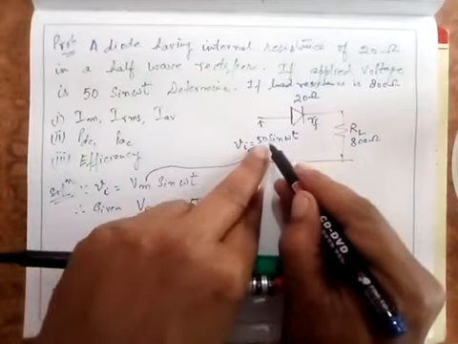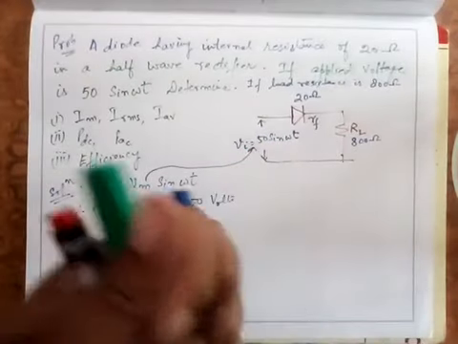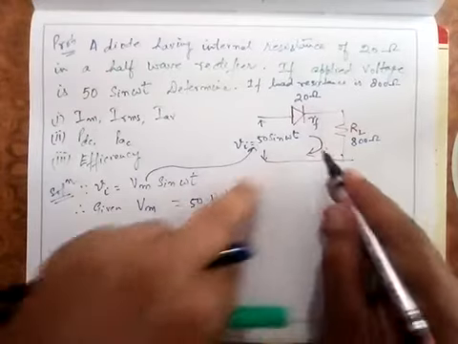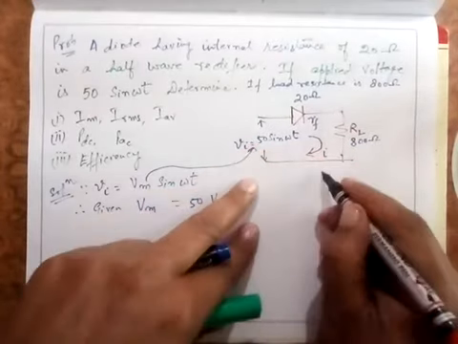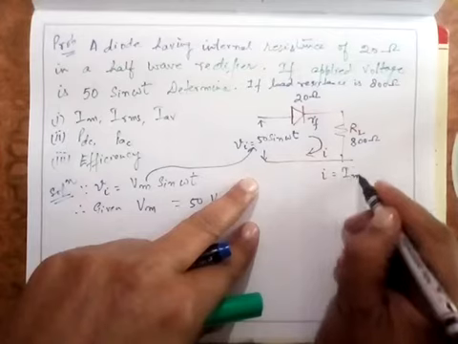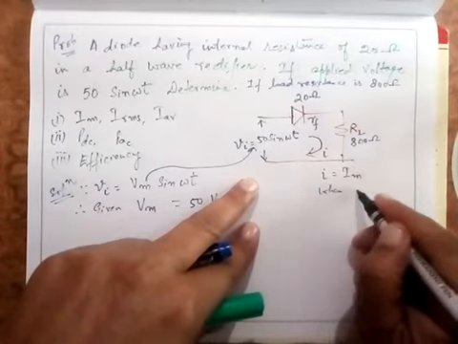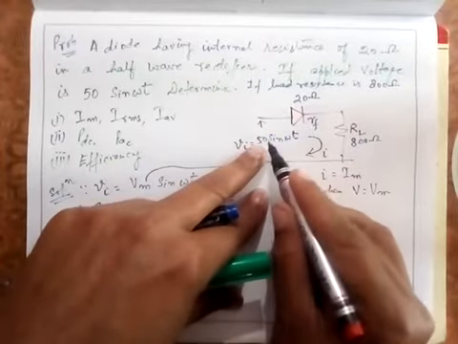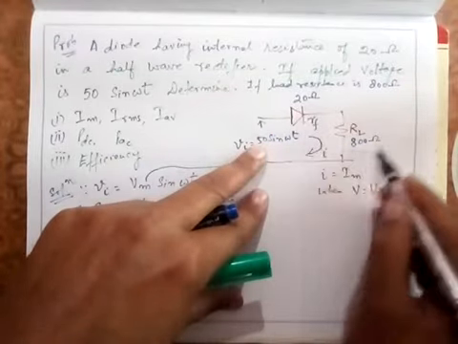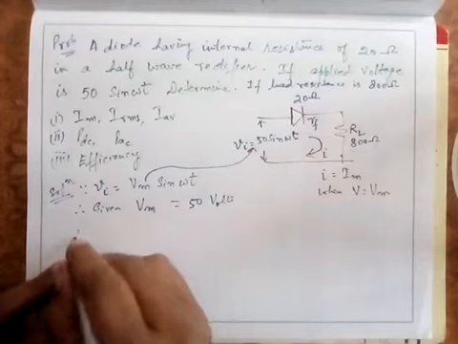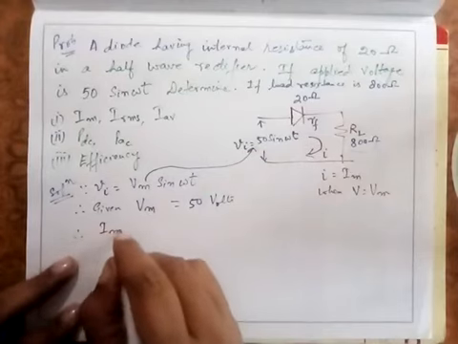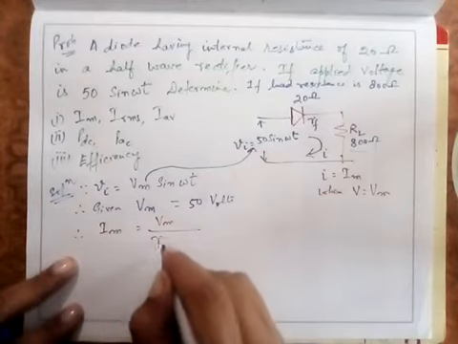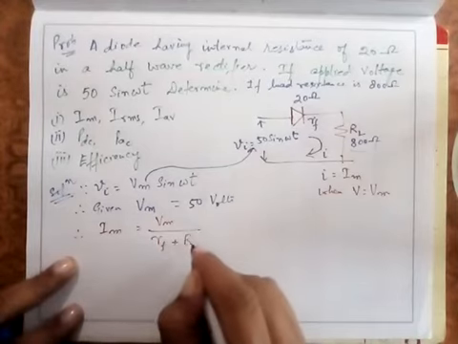Now, this is Vm. If I say that the current flowing here is I, of course I will be equal to Im when V is equal to Vm. When V is equal to 50, the current flowing here will be 50 upon this much. Therefore, Im is equal to Vm upon Rf plus Rl.